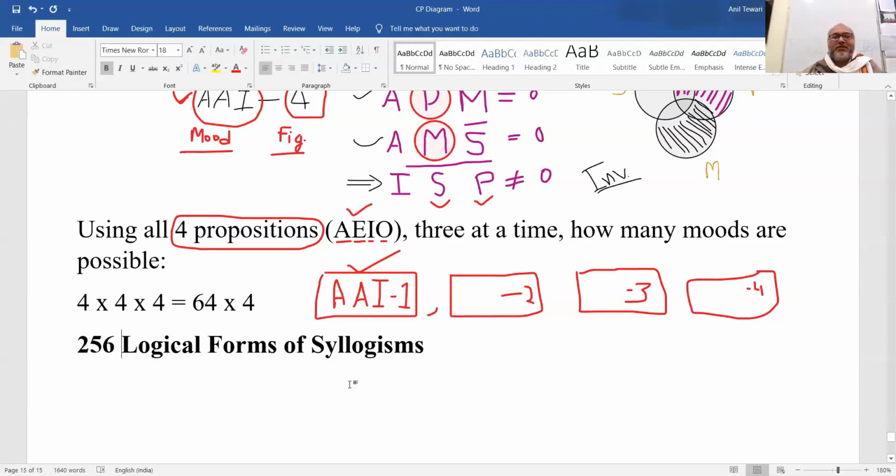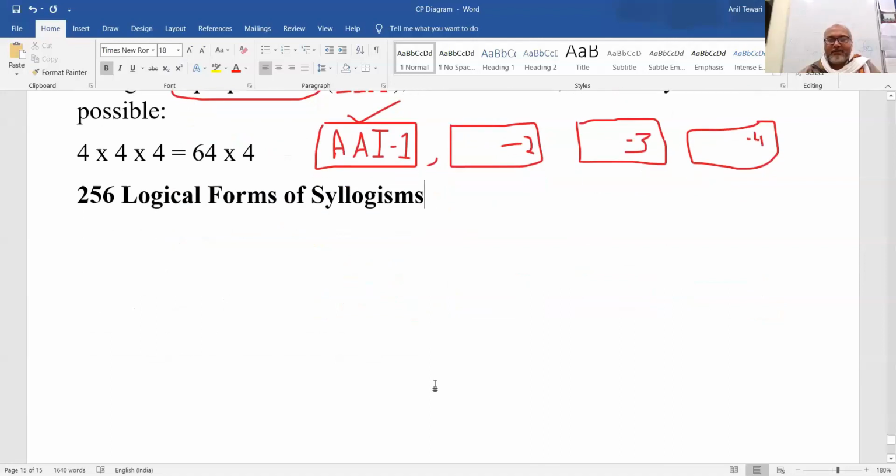So by using the rules which are introduced to you, you can very easily test all the 256 in a very short way. So today I will tell you how you can test all the 256 logical structures in a very short way.